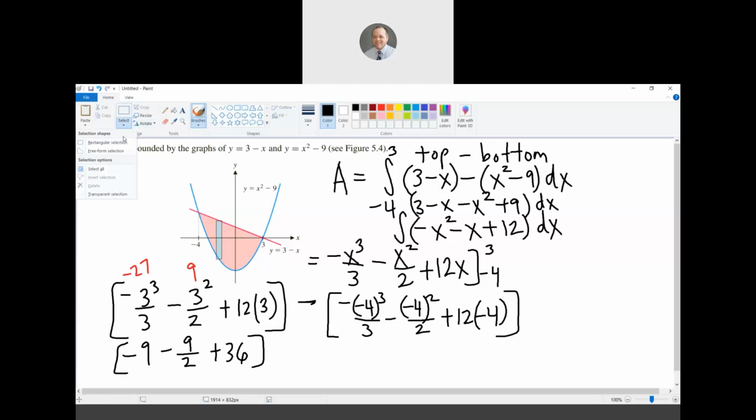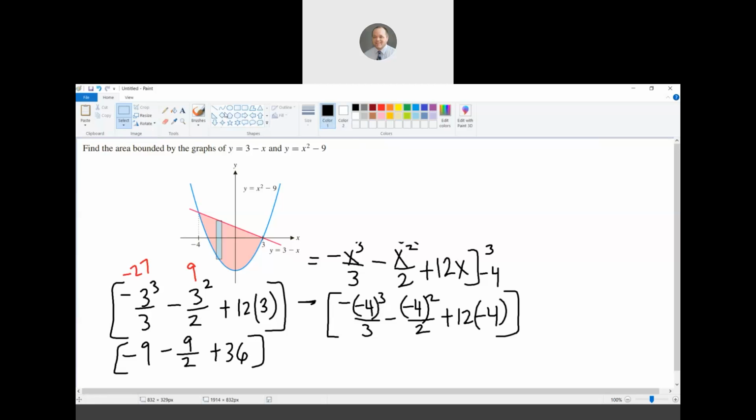And we can go ahead and simplify that sum. 36 minus 9 is 27, minus 9 halves. Minus.